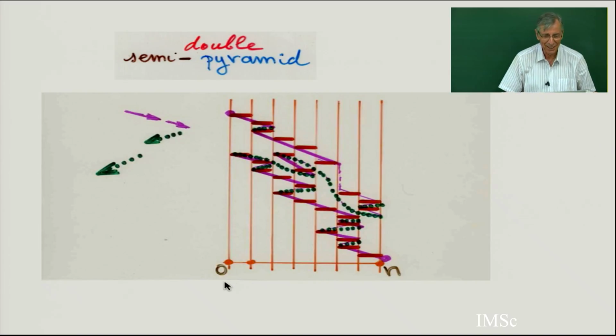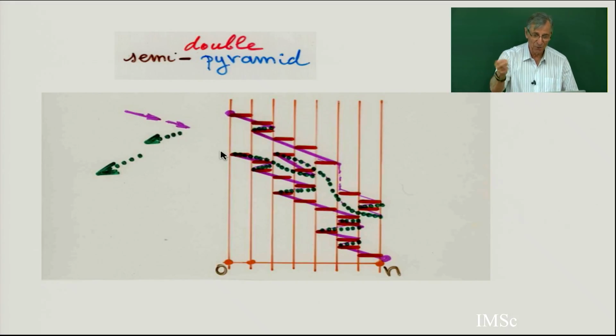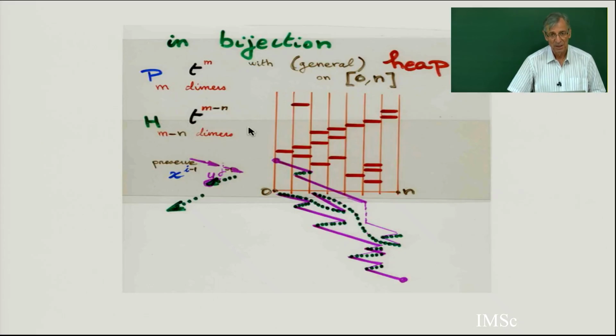Now from this, how to get a semi-pyramid? In fact, I take another path, starting from 0. I go straight to n here, and then I go back in the reverse direction on this path. So some dimers are going to fall down, and what I get is exactly the semi-pyramid. So you are reading your path in two different directions, and this is the heap you get when you read your path in the reverse direction, using again the classical bijection.